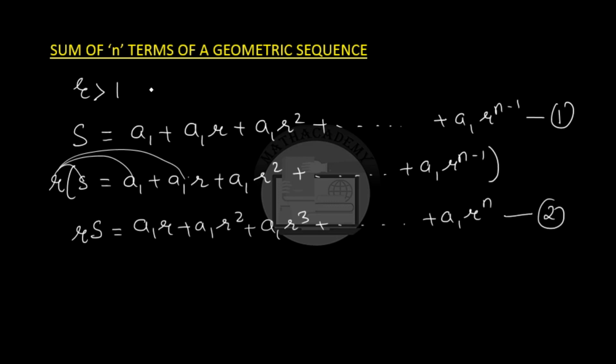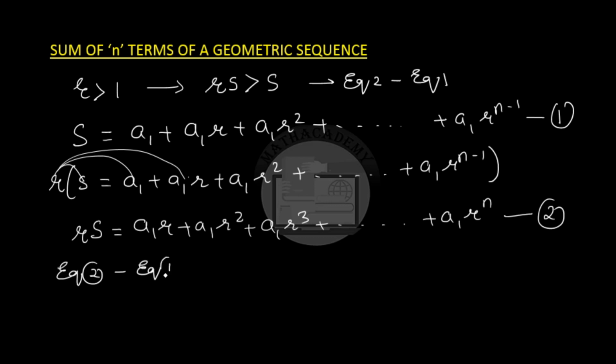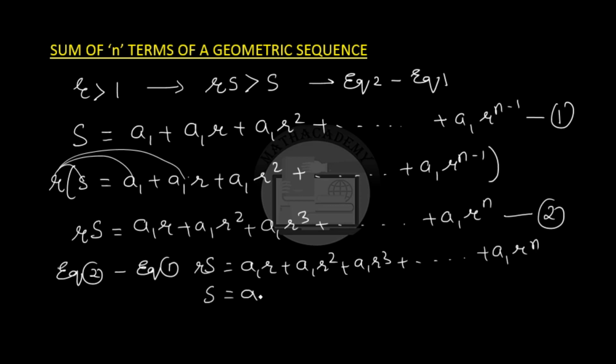So when r is greater than 1, r times s will be greater than s, and hence we will subtract equation 1 from equation 2. Equation 2 minus equation 1 can be written as rs is equal to a1r plus a1r square plus a1r cube plus and so on a1 r to the power n, and from that we subtract equation 1.